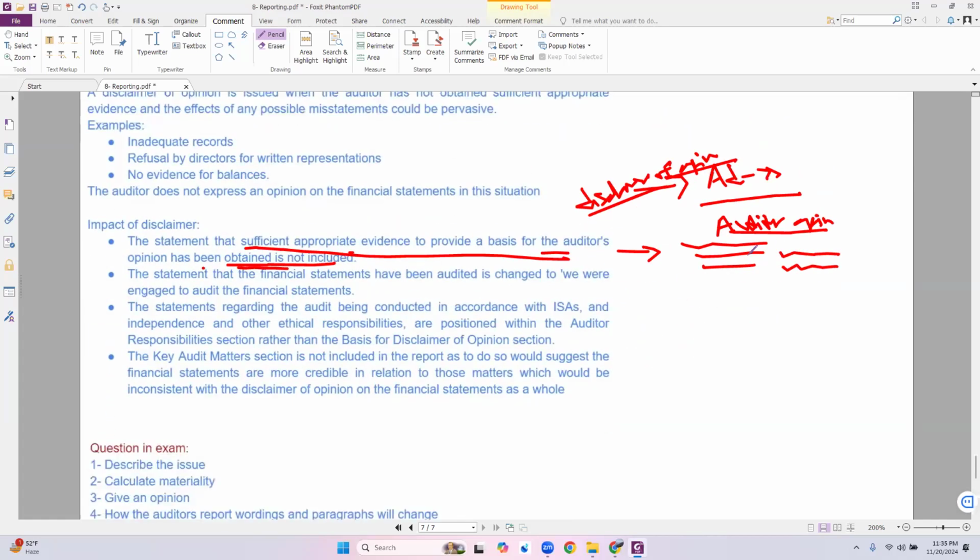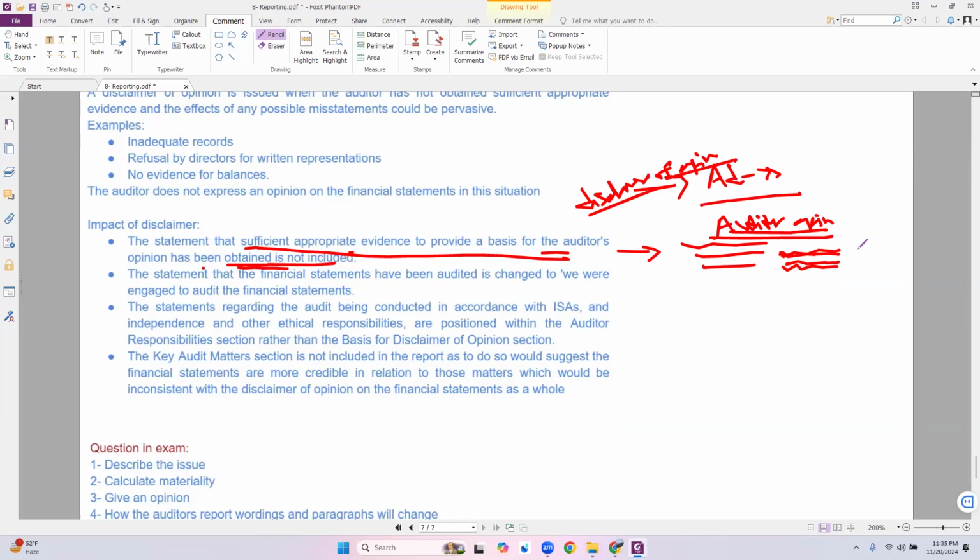So the first thing you just need to remember is that obviously you will change the names of the paragraph, but there are certain additional things that you have to change as well. Within the auditor's opinion paragraph, there is a line where the auditor states, in every single auditor's report, that we were able to get sufficient and appropriate audit evidence. This is a line that they always write down.